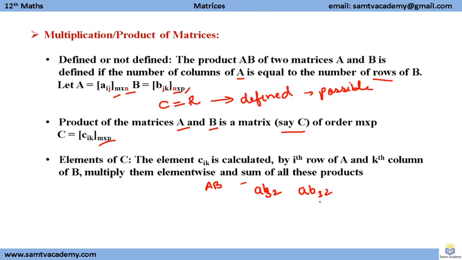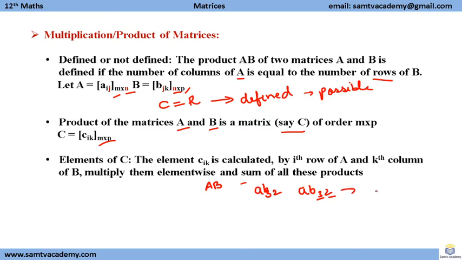What we have to do is take the ith row elements of matrix A and the kth column of matrix B, multiply each element correspondingly, and then sum all those products.